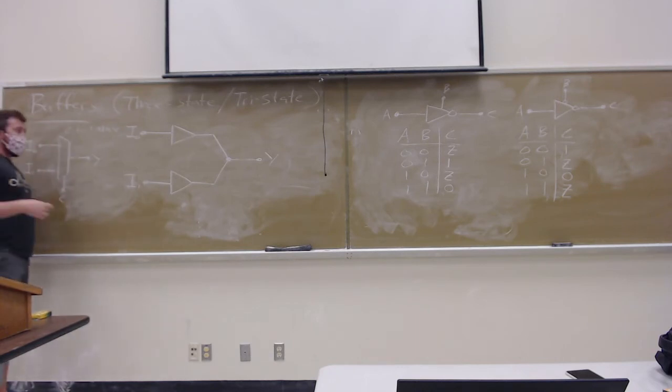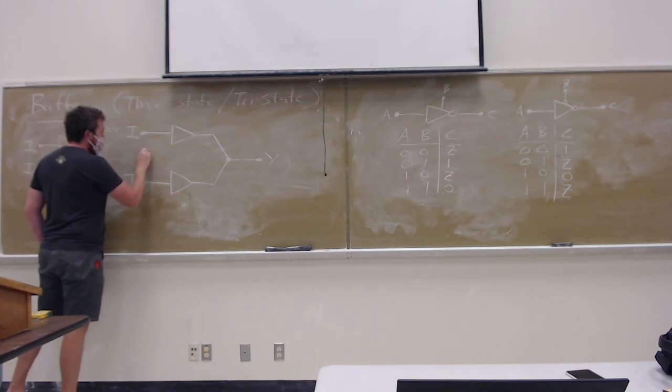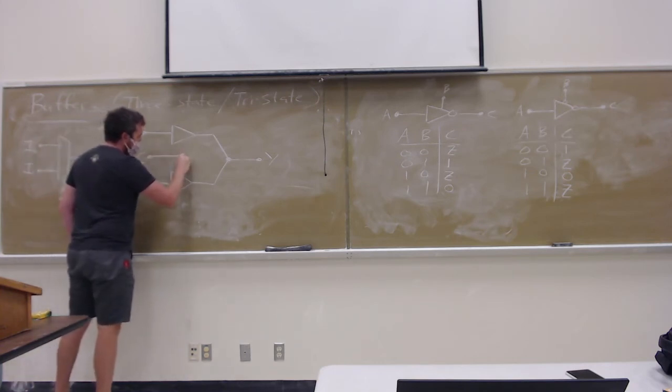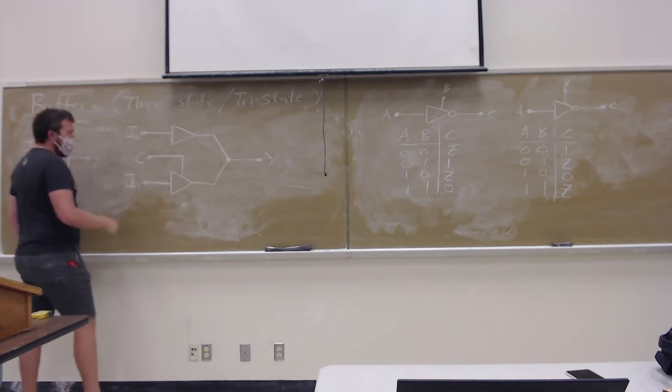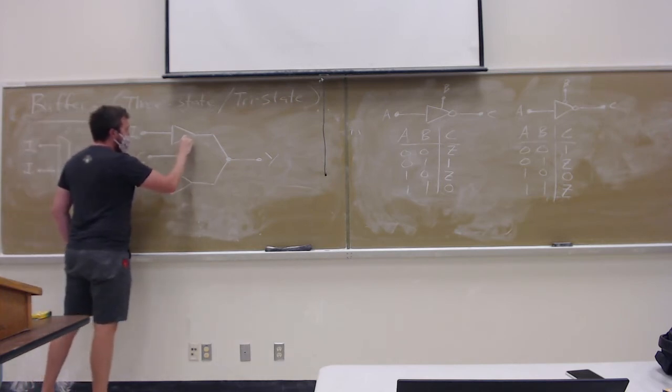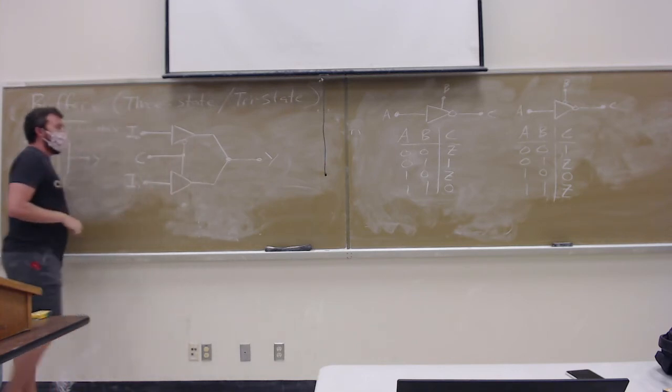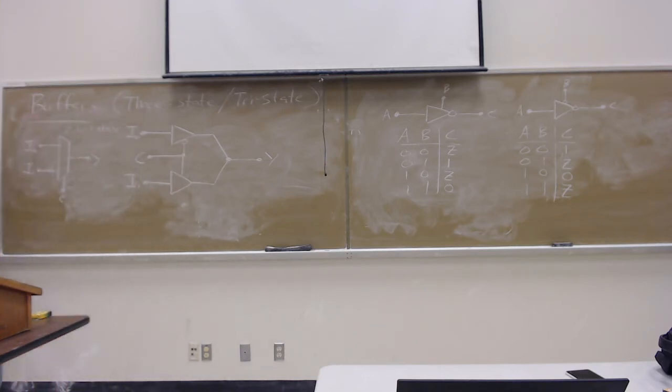Now the way I'm going to get away with this is by applying my control input directly to the enable of the buffer on I sub 1. Then I'm going to put a bubble on my control input, my enable signal, to the buffer that's attached to I sub 0.